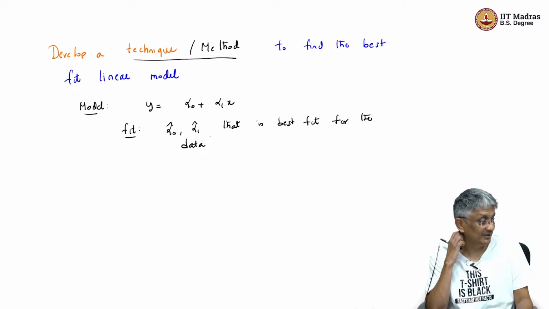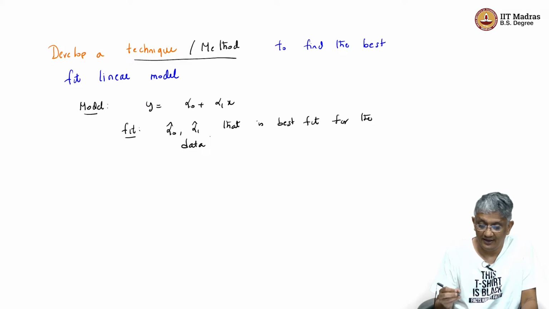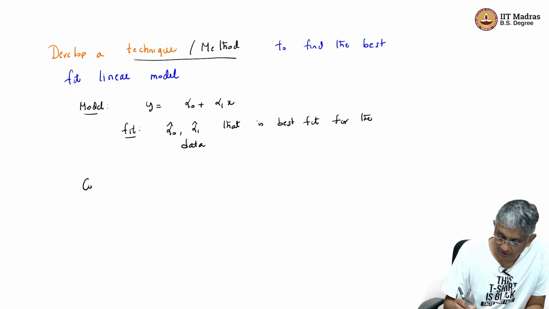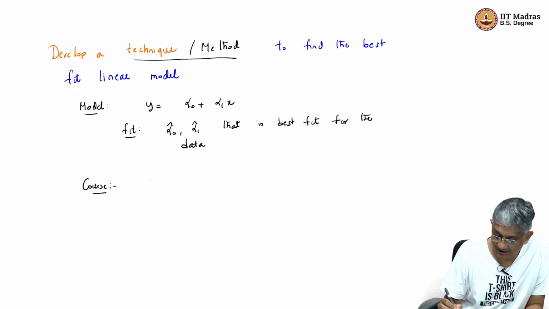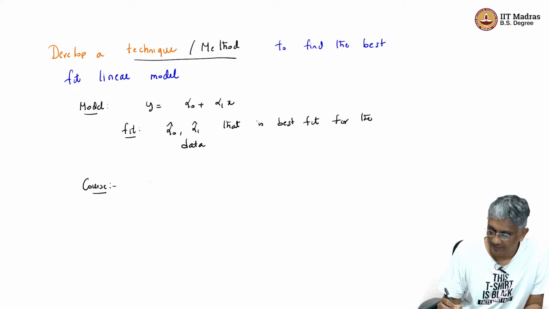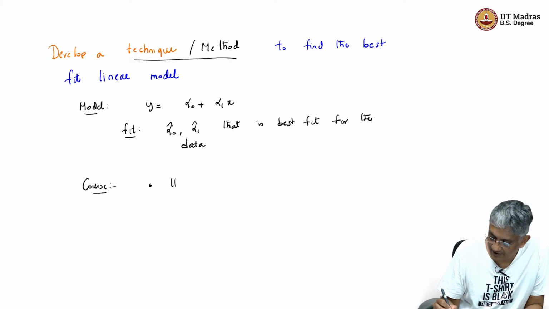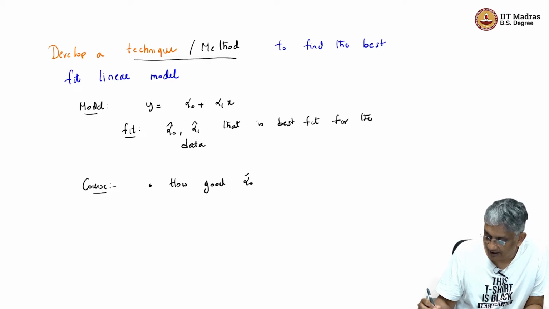How to find it is something that we will discuss. And then, as I go along in the course, we will discuss many things. We'll discuss how good alpha naught hat is and alpha 1 hat is.